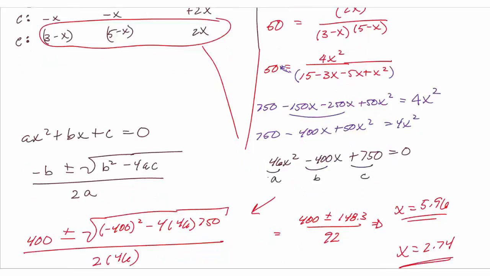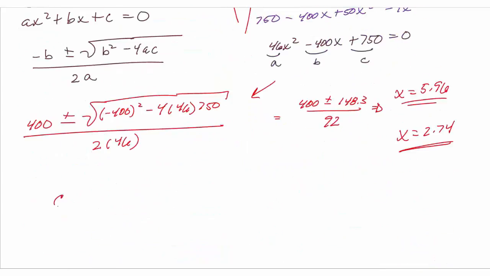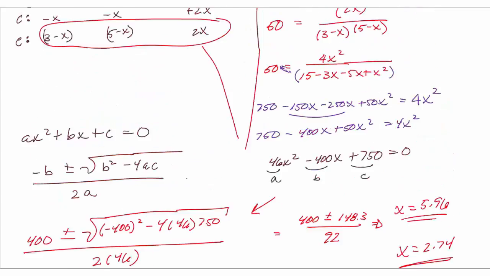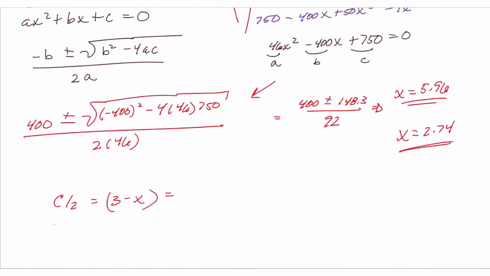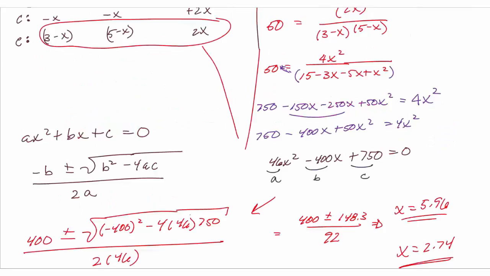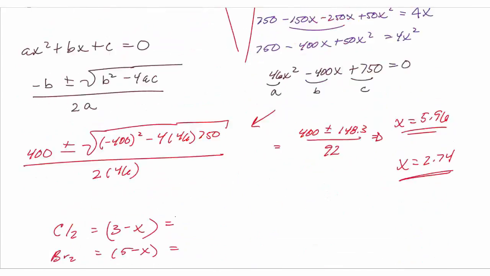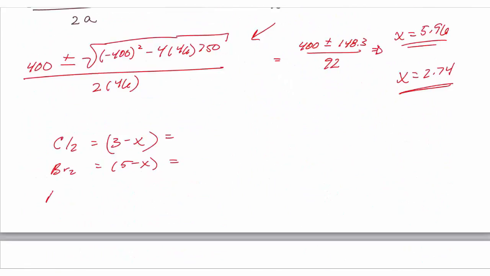So chlorine is 3 minus x. What else? Bromine is 5 minus x. And BrCl is 2x. There's my answers.